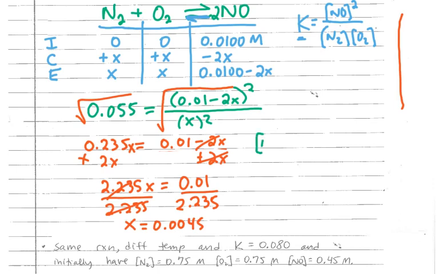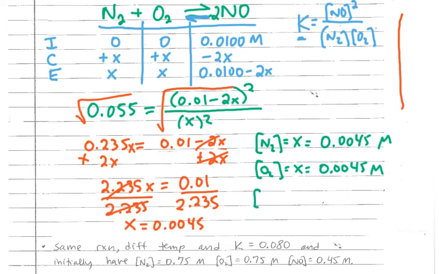The equilibrium concentration of N2 is just equal to x, which we just solved to be 0.0045 molar. For O2, it's also just equal to x. And then for the concentration of NO, it's equal to 0.0100 minus 2x, and x is 0.0045.